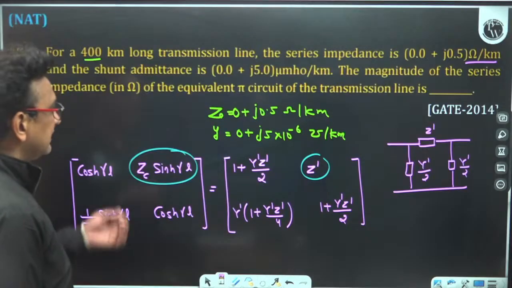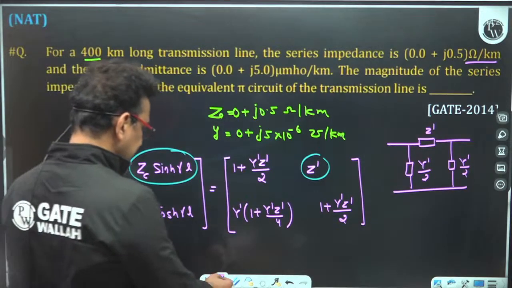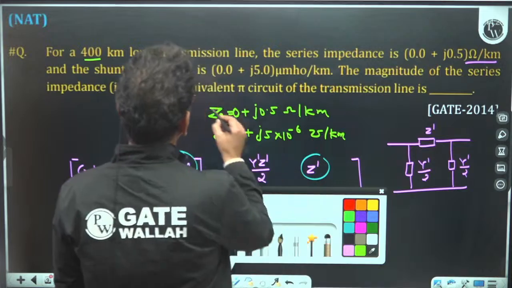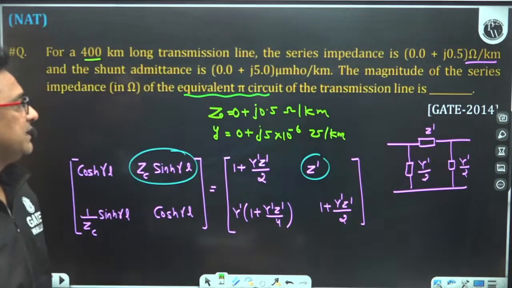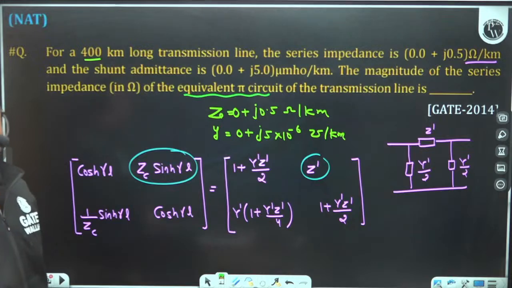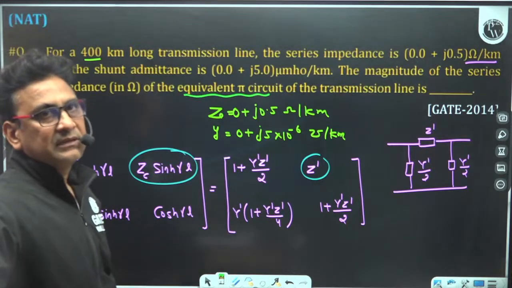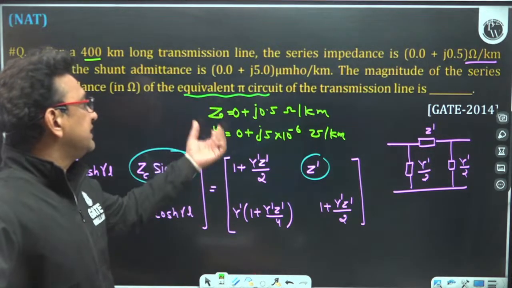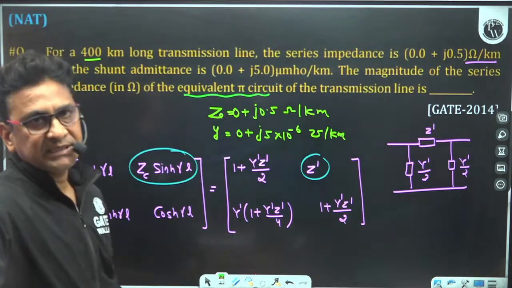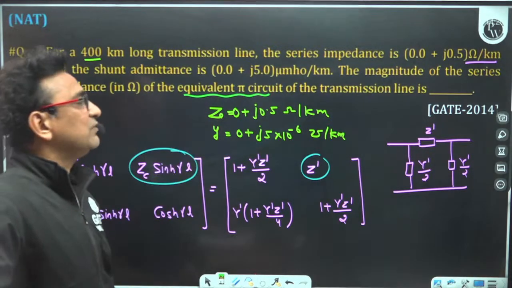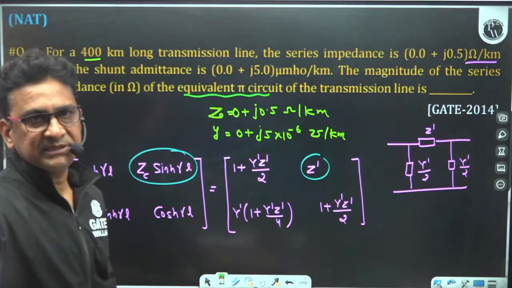And see, in the question, it is clearly mentioned that you have to find the equivalent pi network. If it were a medium transmission line, then it would always be represented in the nominal T circuit or the nominal pi circuit. So, there is no question of an equivalent pi circuit in the medium transmission line. Clear?